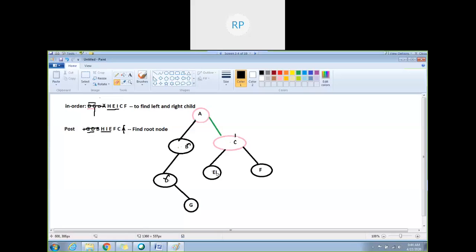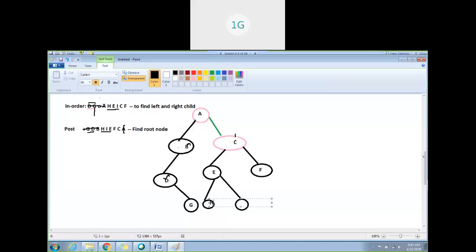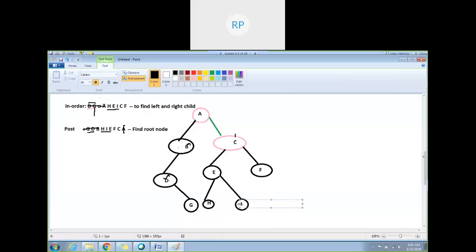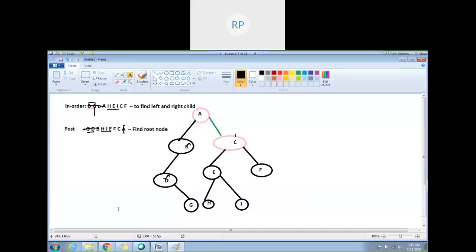So E is my root node. Correct? Yes, ma'am.